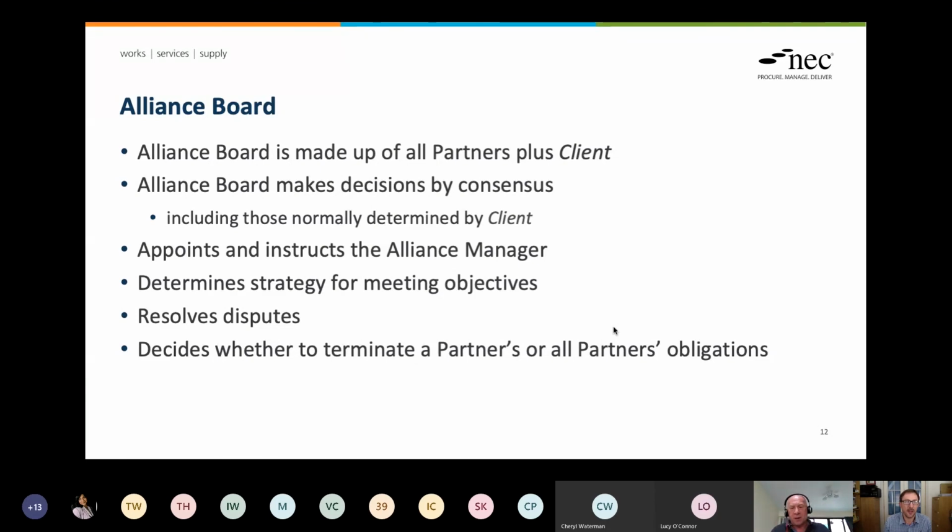And I think it's fair to say that this is where the behaviours and attitudes of the partners, or at least the people representing the partners on the board, as part of the evaluation process of bringing those partners into the Alliance, are really important, so that those people can work in that collaborative manner.